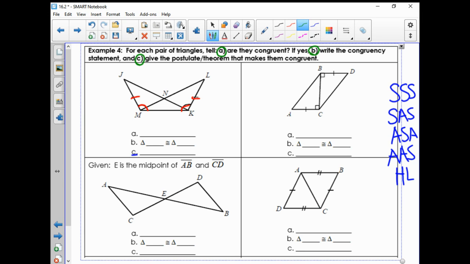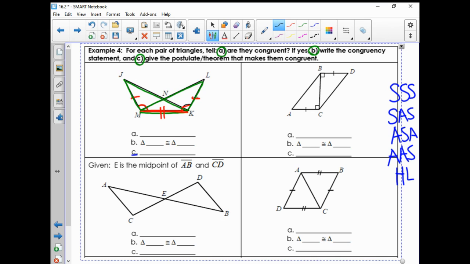If you're looking at these big triangles, they share this bottom line. This MK is in both of the triangles. The reflexive property says that it is congruent to itself, so I'm just going to put a little tick right there.